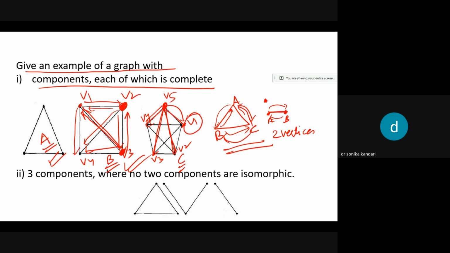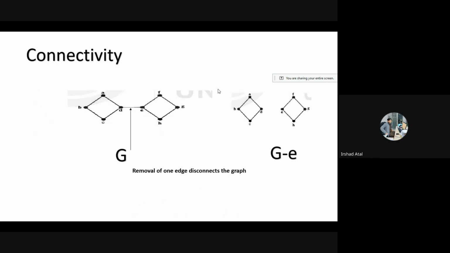And similarly for V1, similarly for V2, V1, V5, V4, V3. Coming on to V3, V2, V1, V5, V4. Is it clear? So this is also an example of a complete graph. Is it clear? Yes, ma'am.